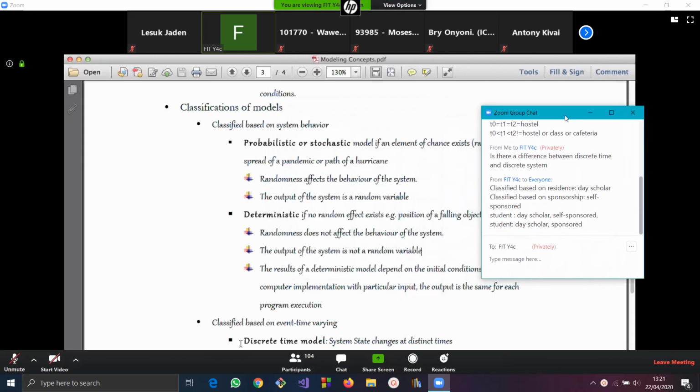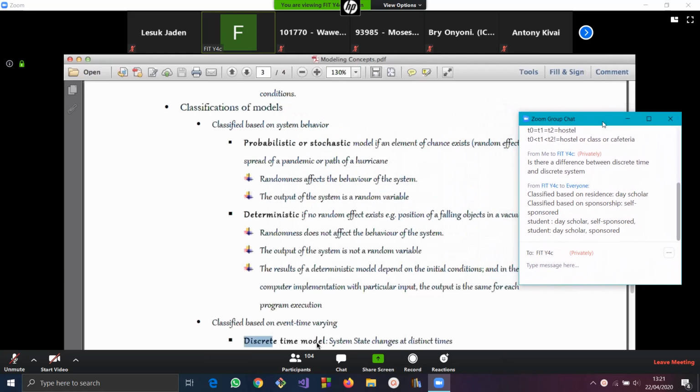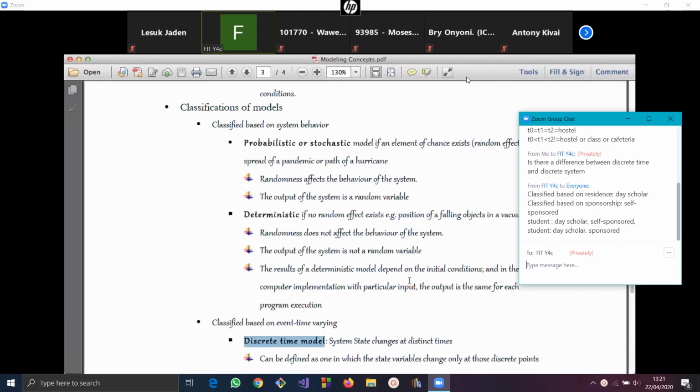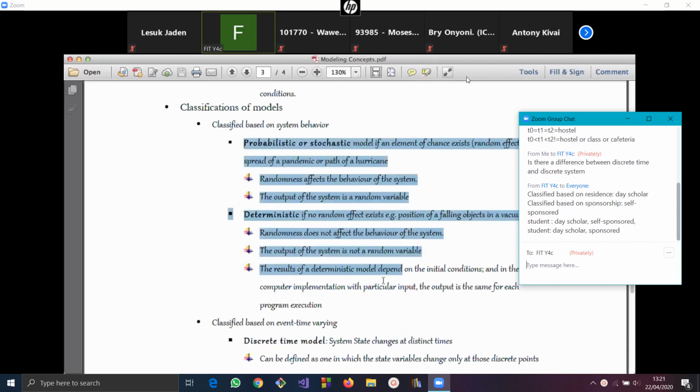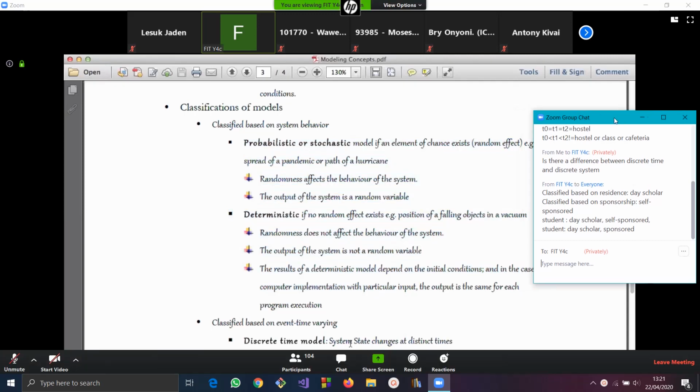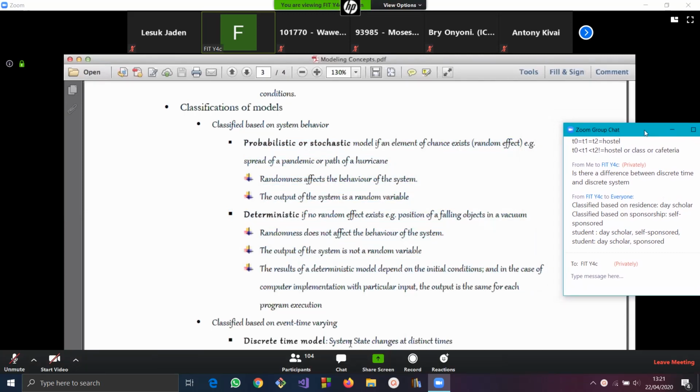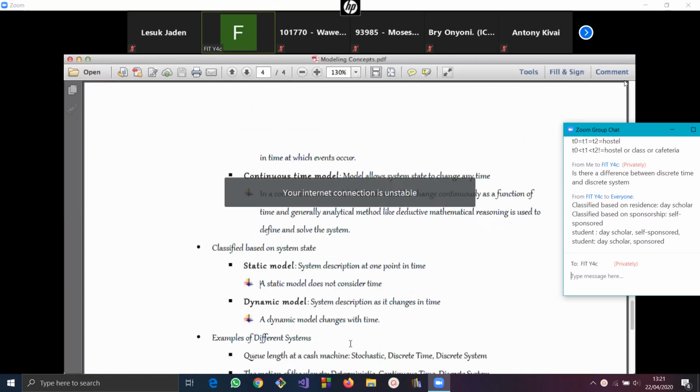So in essence, I'm saying you can have a model which is discrete but probabilistic, discrete but deterministic. So the starting point always is here. And that's why I said always get to see whether your system is probabilistic or deterministic. All these other things are inherent elements which determine where you can put it.